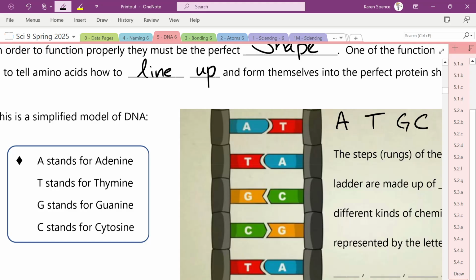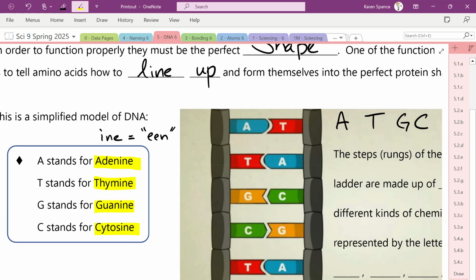If you want to, you can learn the full name of each of them. A stands for adenine. The INE is pronounced ene. So adenine, thymine, guanine, and cytosine. Okay?